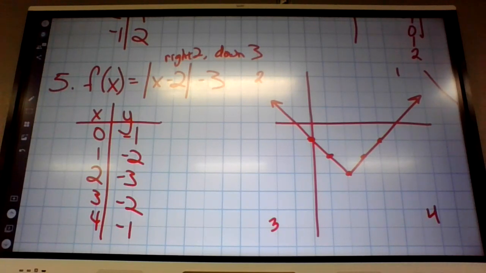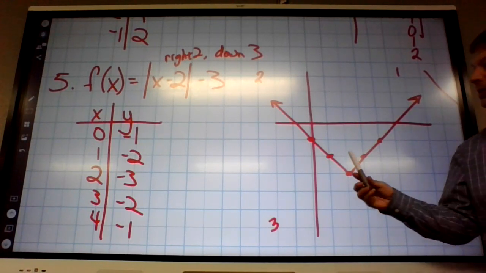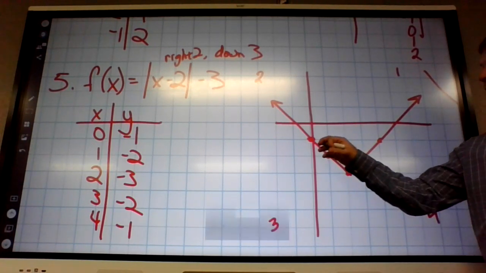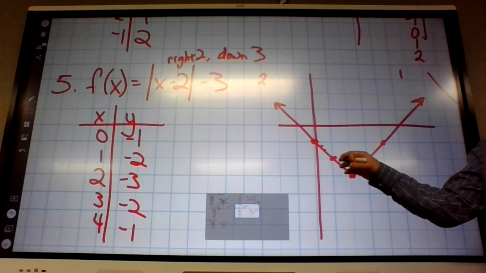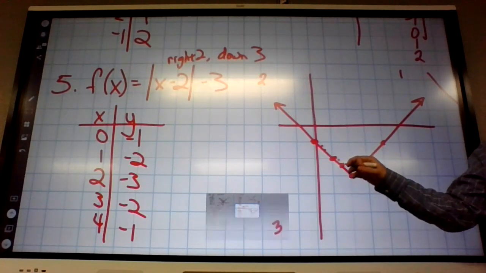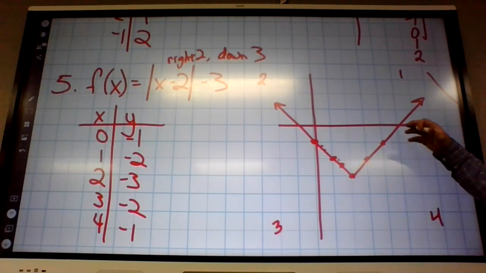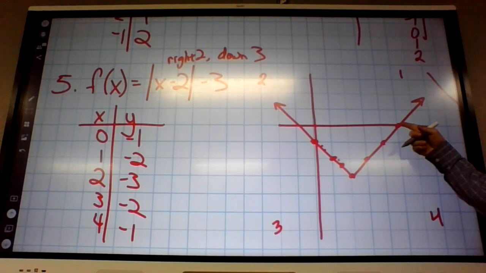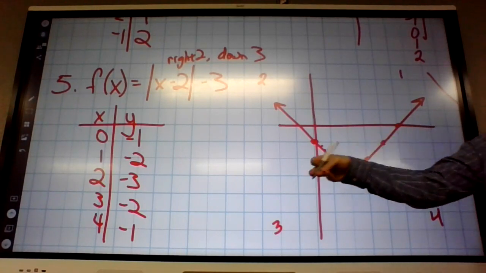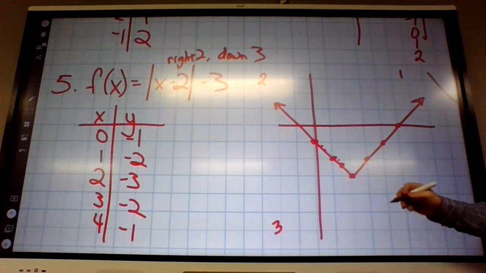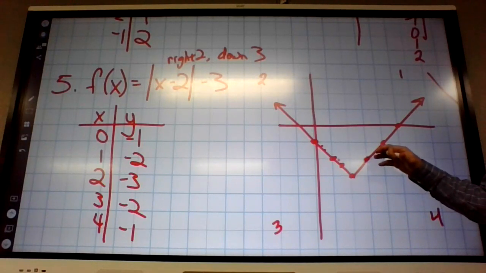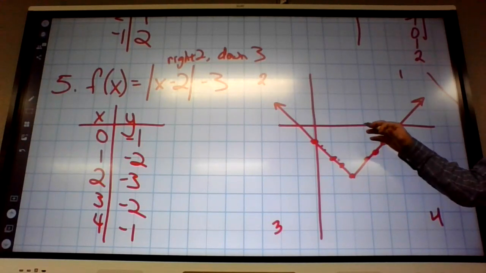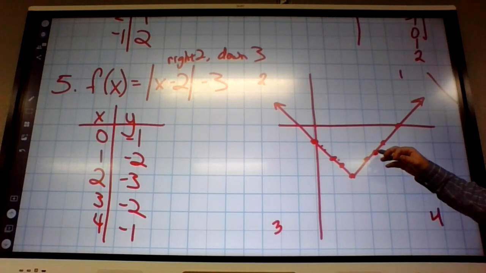Okay. The reason we draw solid lines is because all the points on these lines, even the ones that I didn't make circles for, are solutions. For example, right here, it should hit the line at 5, 0. Now I didn't find 5, 0. It's not in my table, but it is one of the solutions. Here's a random point, like at 3.5, -1.5.